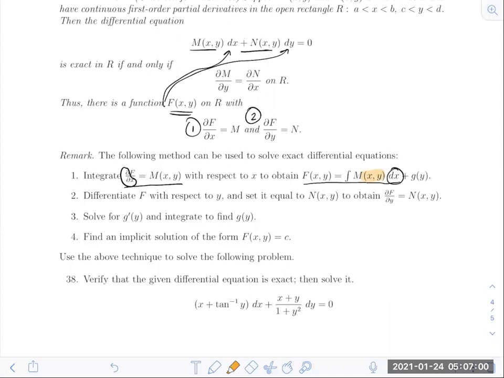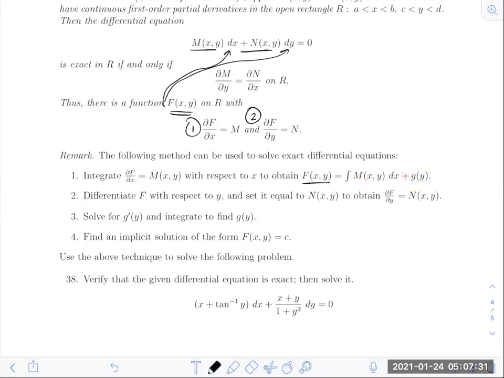Since this is a partial derivative with respect to x, all expressions in terms of y are also considered constants. So to be extra careful, we're going to write that constant of integration as a function g of y. And we'll later determine whether that g of y is something in terms of y or if it is a constant after all.